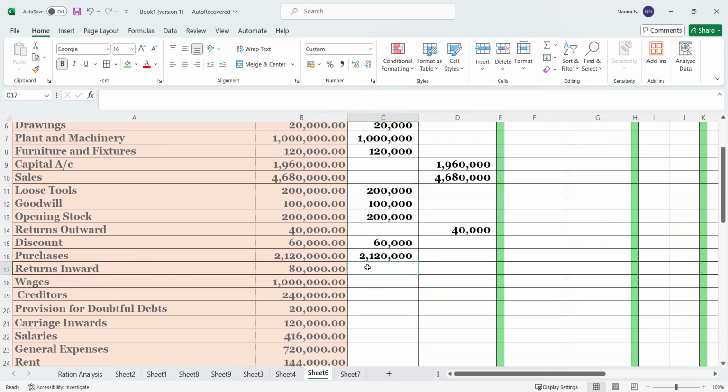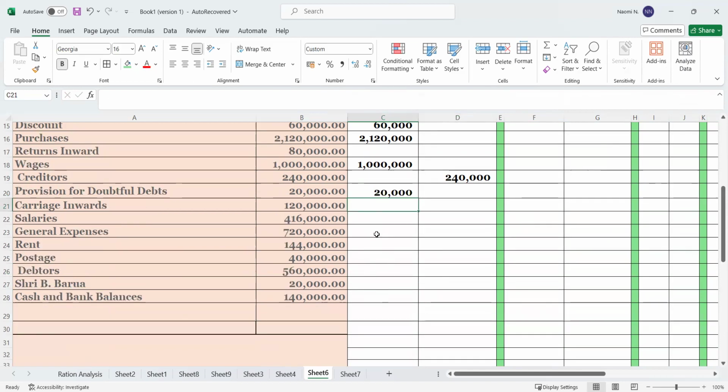Now, just a minute, on wages, before we go to that one, wages is an expense to the organization. Creditors payable, that is a current liability. Then we have doubtful debts. Here, it is a liability. Carriage inward, and we will discuss that one.